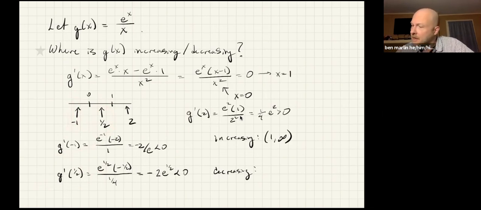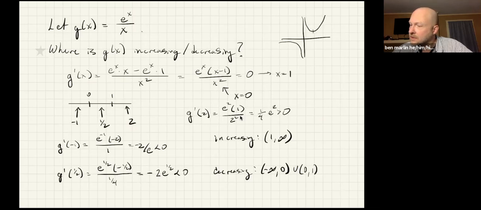So we will talk about going from, I need some ink there, dude. Minus infinity up to 0, but not including it. And then going from 0 to 1, okay? If you do a quick sketch of this, it looks somewhat like this.